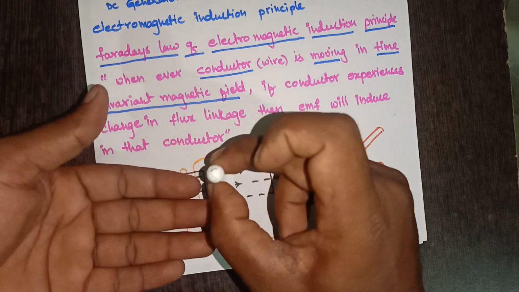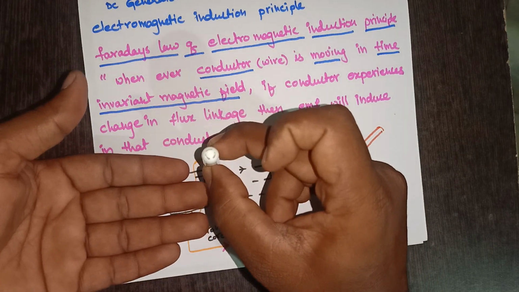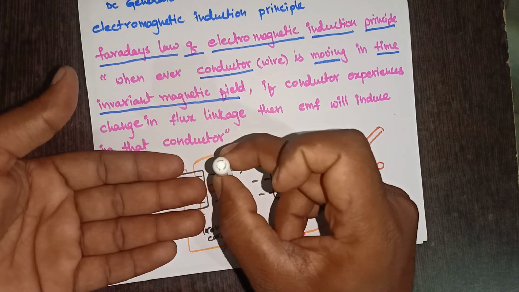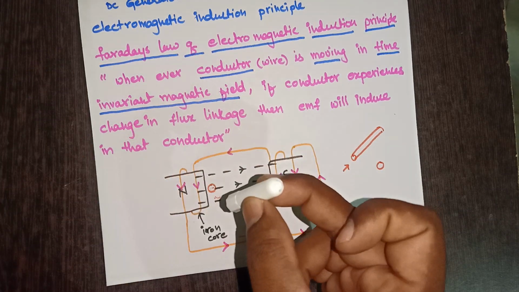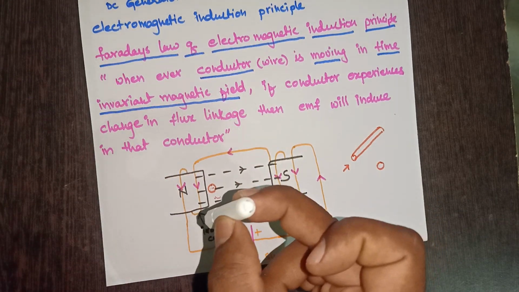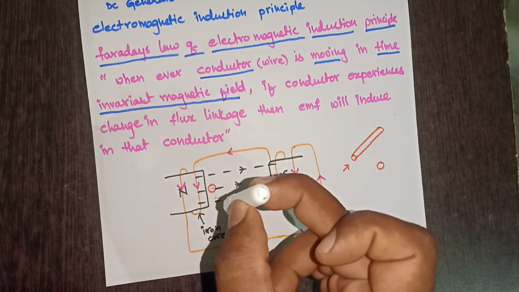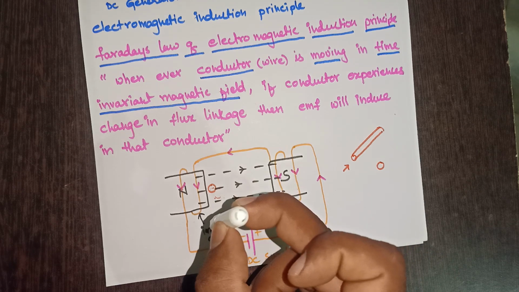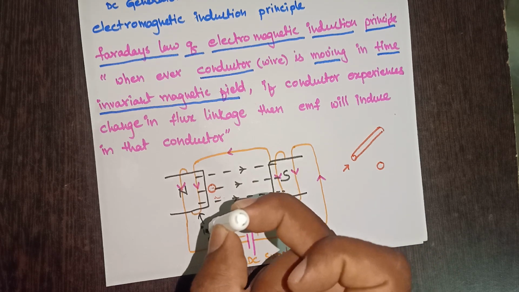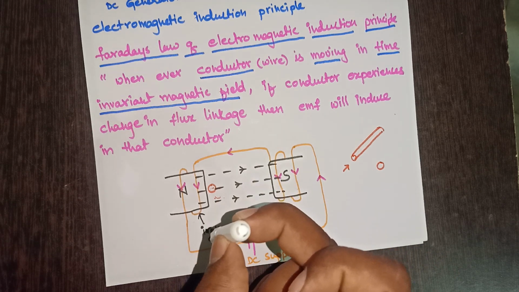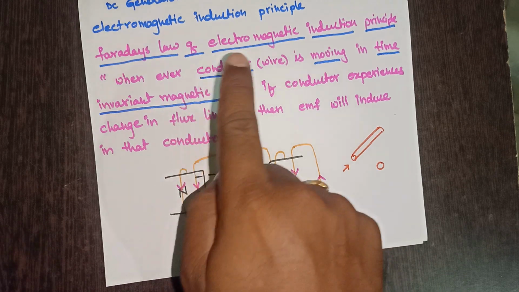This conductor cuts the flux lines. So whenever a conductor cuts the flux lines, this conductor experiences a change in flux linkage. Whenever this conductor experiences a change in flux linkages, in that case EMF will be induced. This is according to Faraday's law of electromagnetic induction. That is what the statement tells, right?